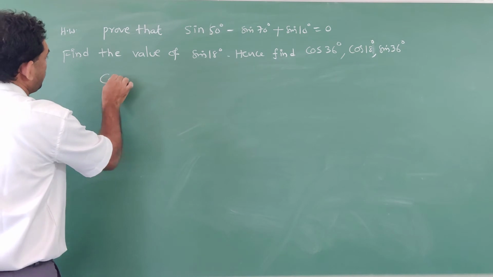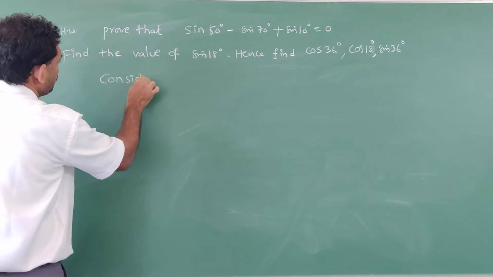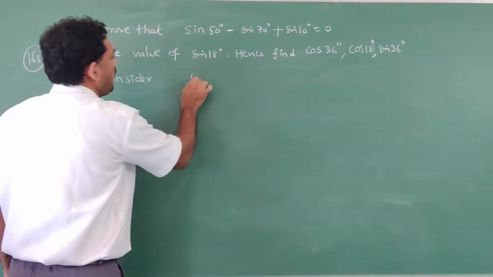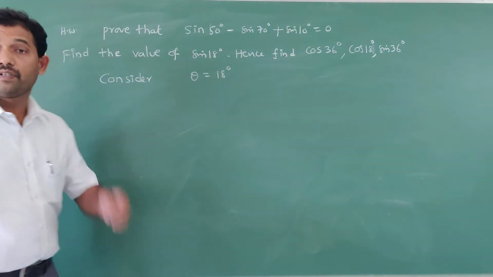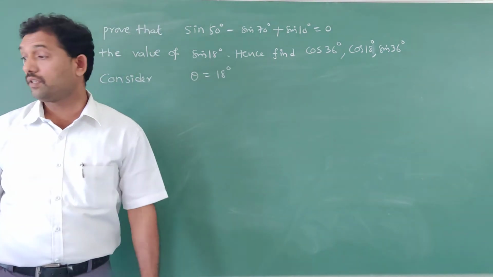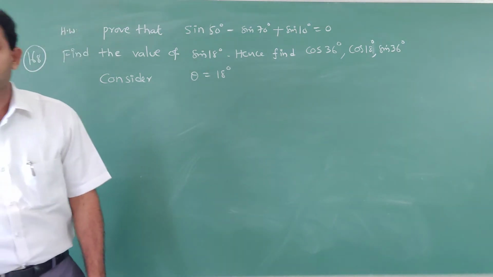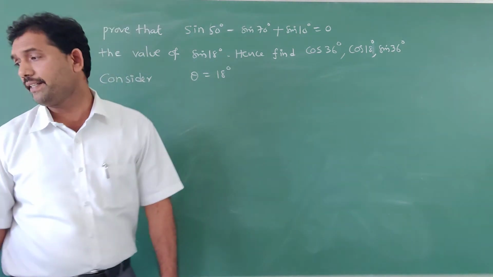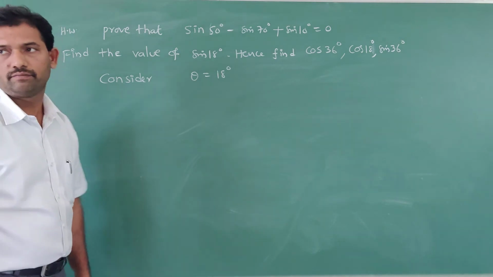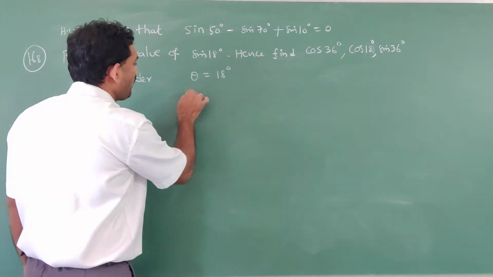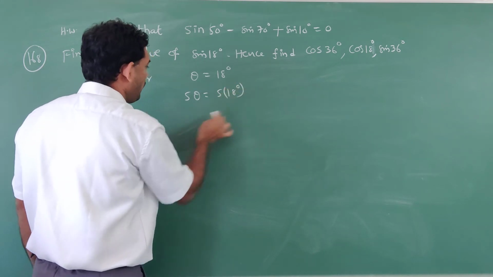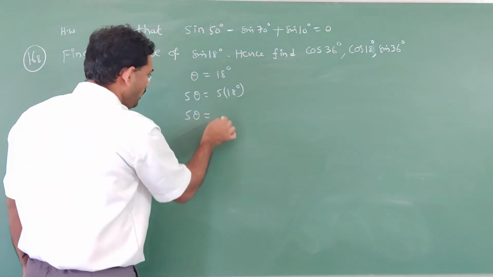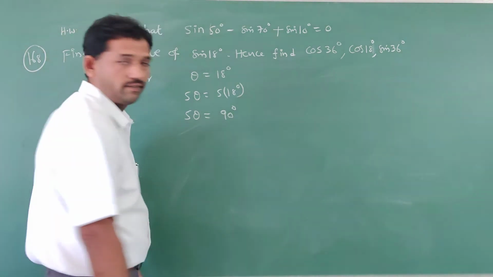So consider theta equal to 18 degrees. Multiplying both sides by 5, 5 theta is 5 into 18, so 5 theta equals 90 degrees.